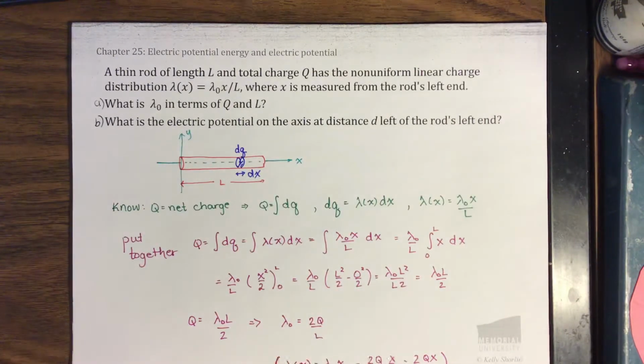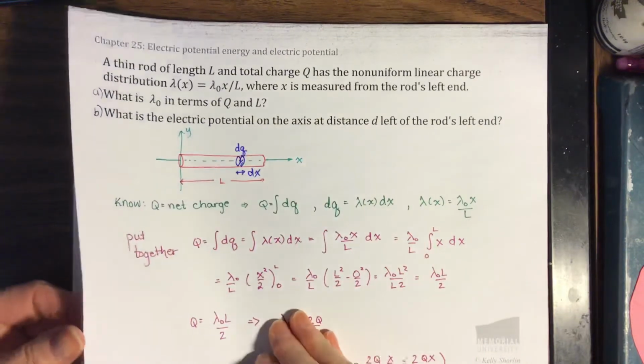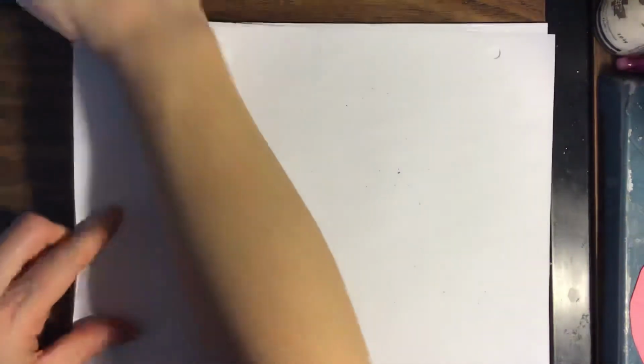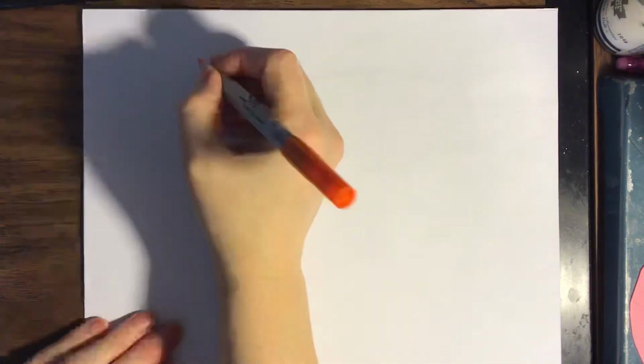What is the potential on the axis left of the rod's end? So this page is a bit full. Let's move on to a new page and a new diagram. So I'll redraw my rod.